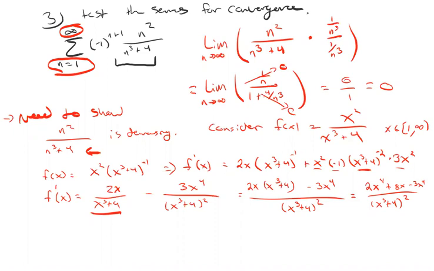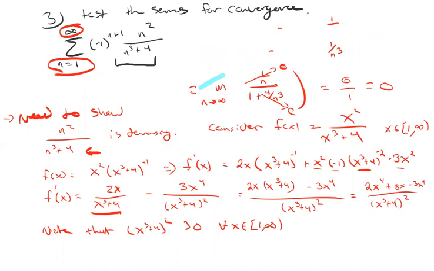So we'll note that the denominator, x cubed plus 4 quantity squared, is positive for all x values in the interval 1 to infinity. The only way that f prime will be negative is if the numerator is negative. So we need to see where the numerator is going to be negative.